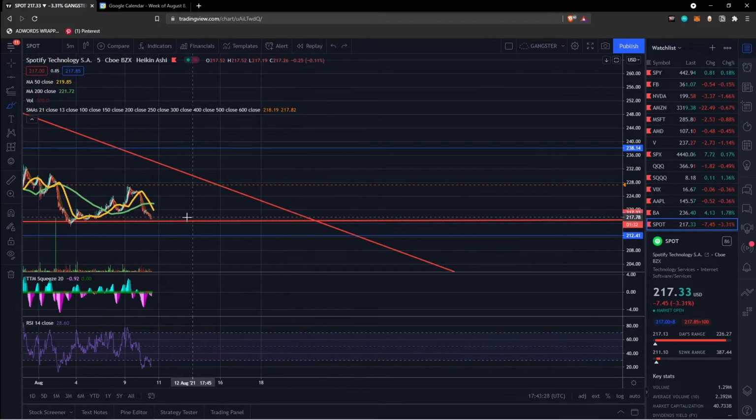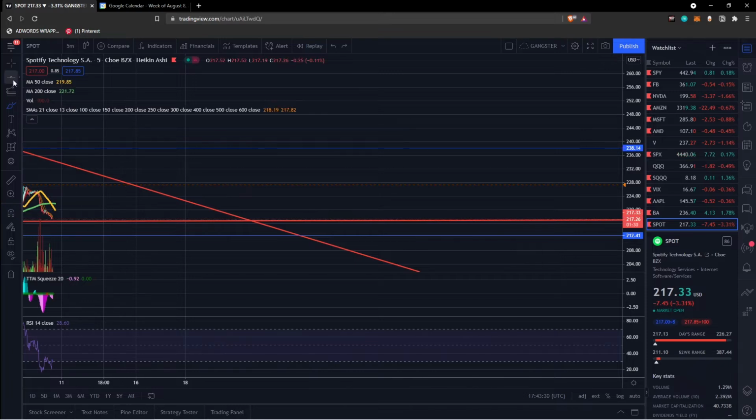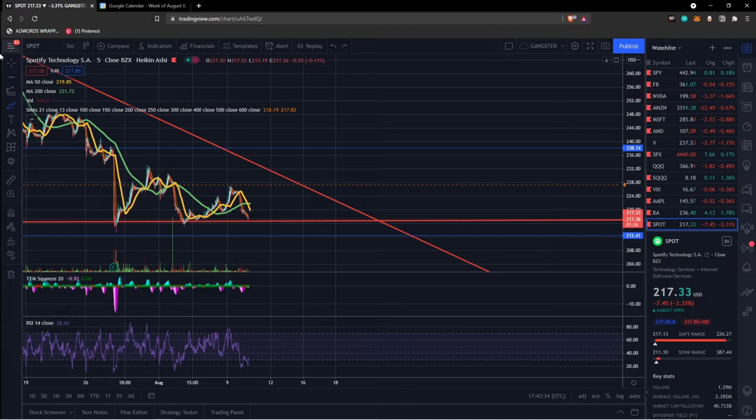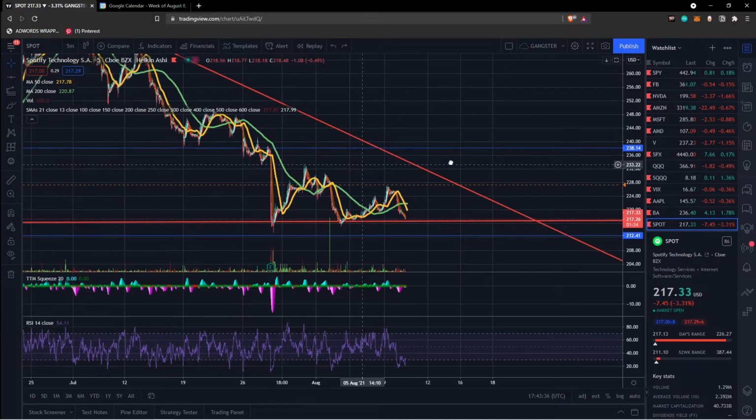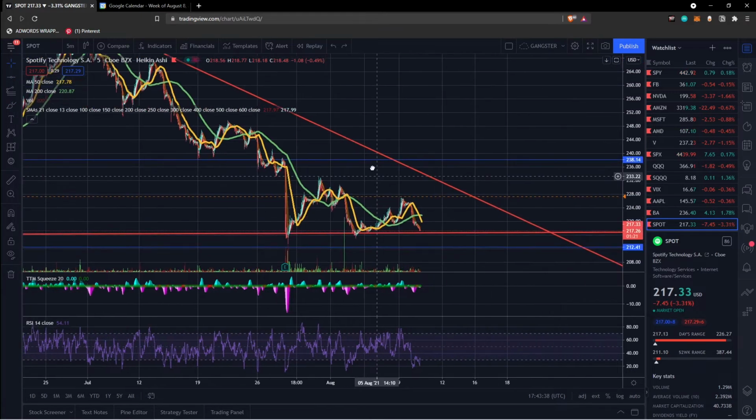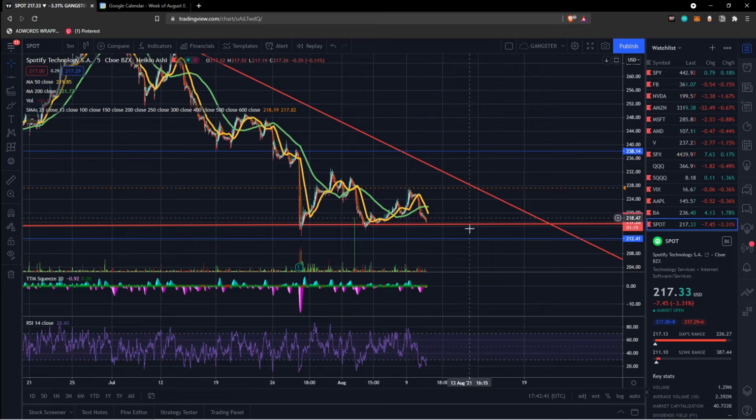But today, the market's just weak. S&P and NASDAQ are really going to all-time highs, so that's really what's bringing the market down. I would say Spotify is still a relatively good stock to buy because the music industry is growing.